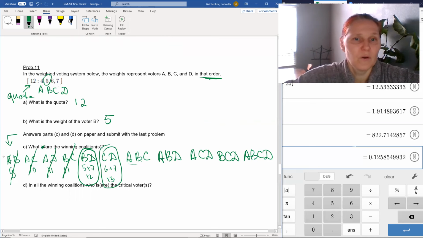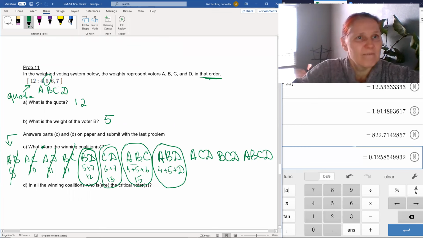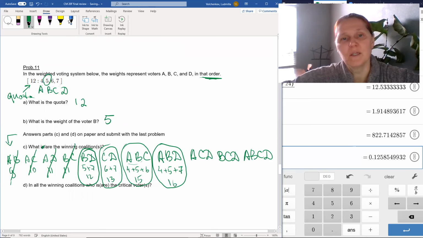A, B, C, 4 plus 5 plus 6, 15 is winning. A, B, D, 4 plus 5 plus 7 is also a winning coalition. A, C, D, 4 plus 6 plus 7, 17.